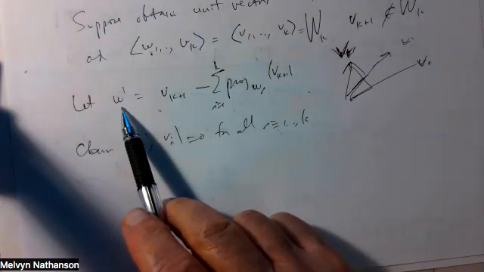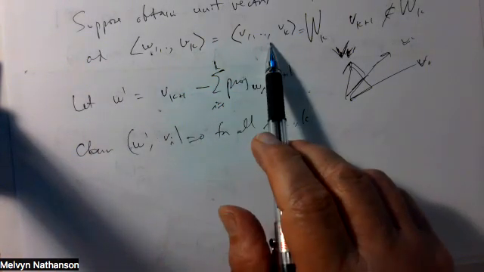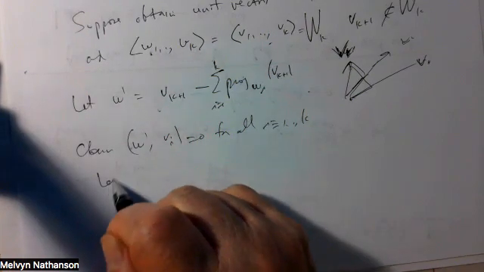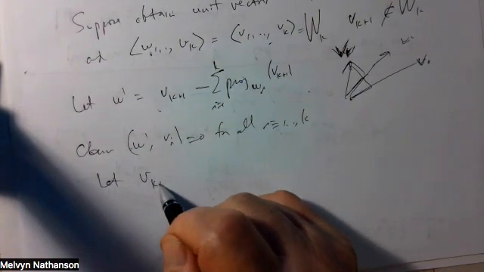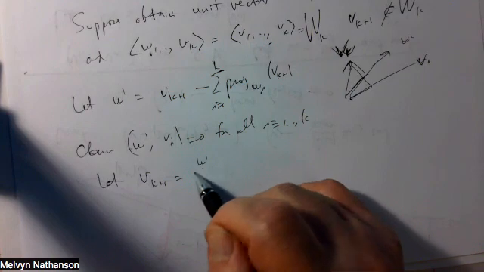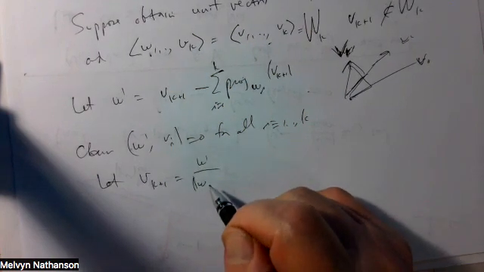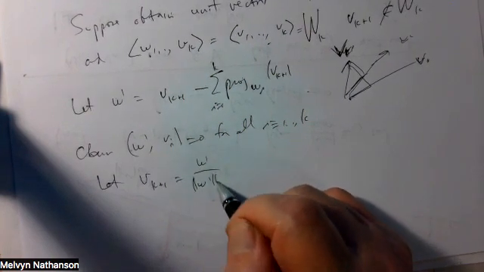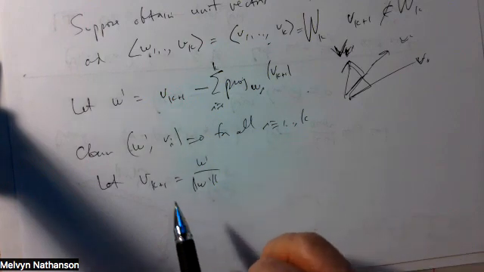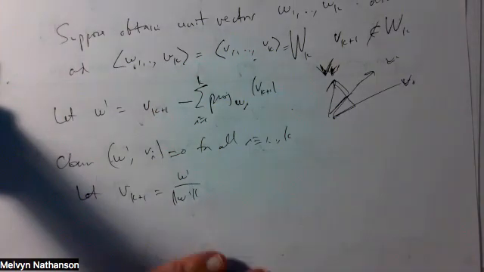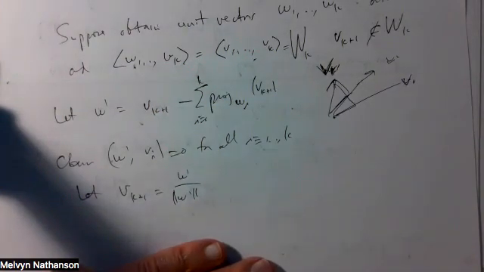Now I have a vector W prime, which is perpendicular to the previous k vectors, and I let W sub k plus 1 be W prime divided by the length of W prime. So I've added one more vector to my basis, and step by step, I'm constructing an orthonormal basis that spans the whole vector space V.